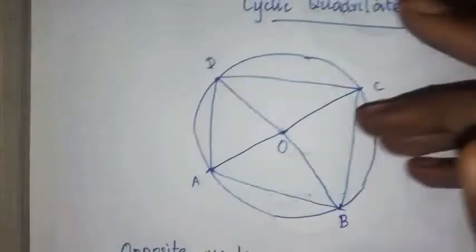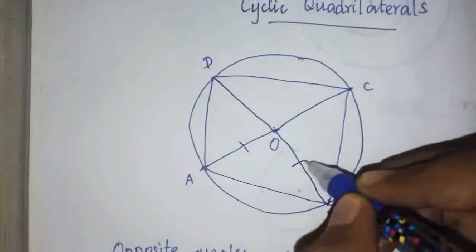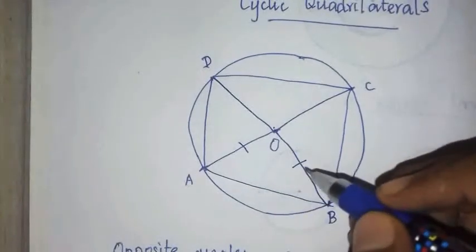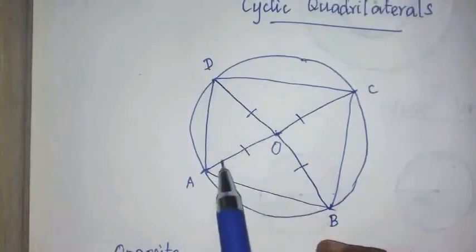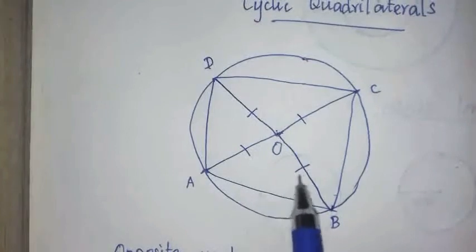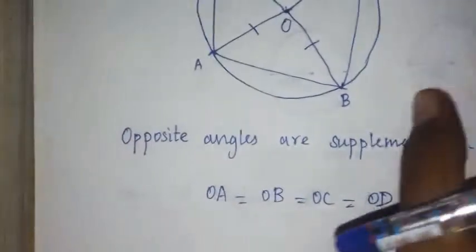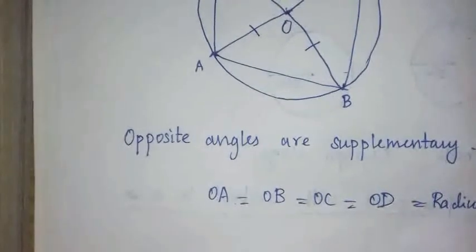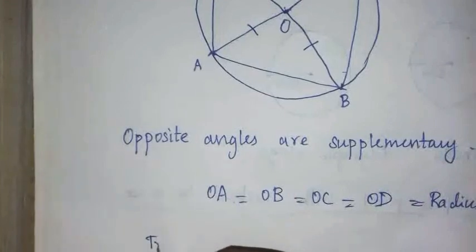These triangles are isosceles triangles. How is it an isosceles triangle? If 2 sides are equal in a triangle, then we say it is an isosceles triangle. See every triangle. In this triangle, these 2 sides are equal. Likewise, in all 4 triangles, 2 sides are equal. So the triangles are isosceles triangles. What are the triangles we get?